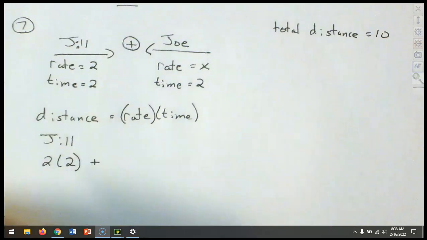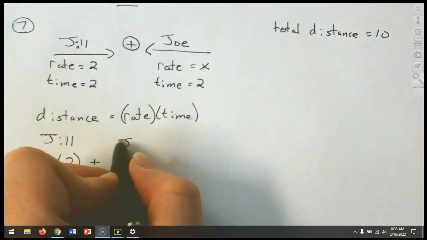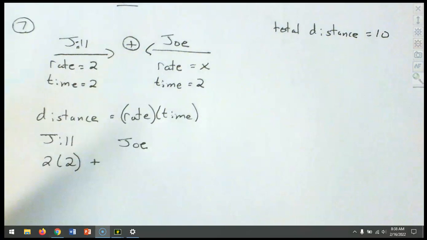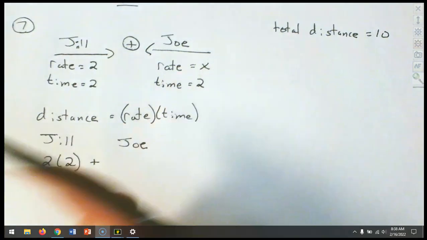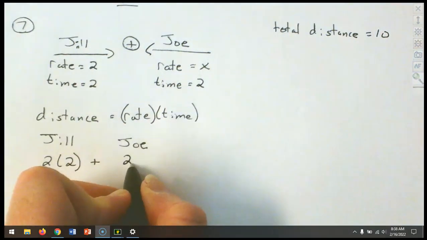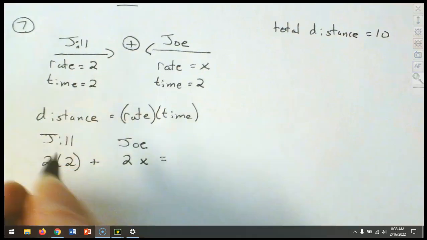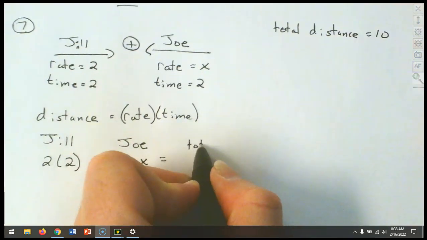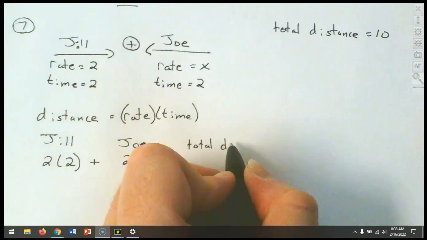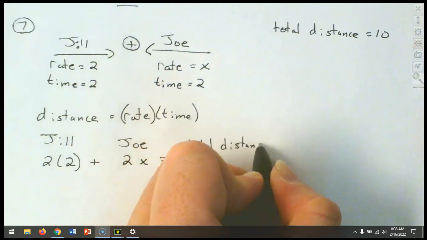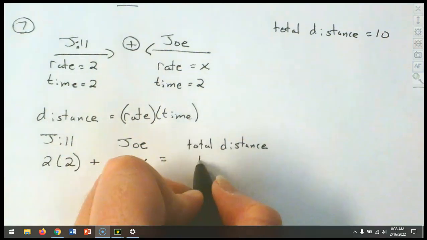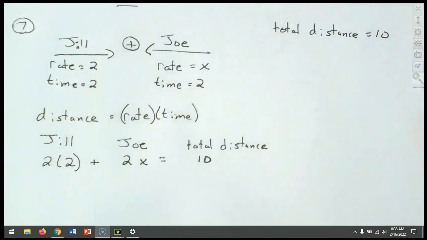And then we're going to add that together to Joe's distance, which is rate of x, time is 2. So that's 2x, and what's our total distance? Well, our total distance here is going to be 10.